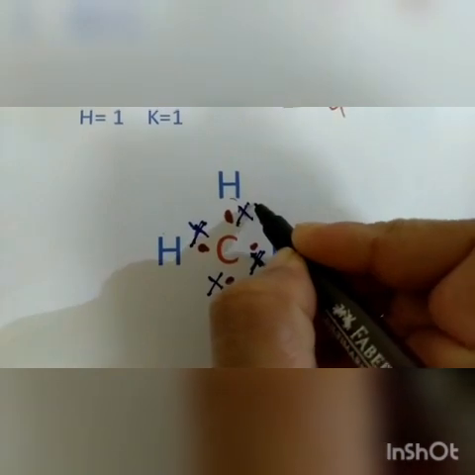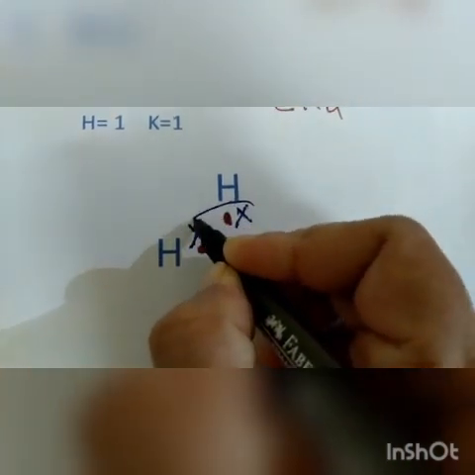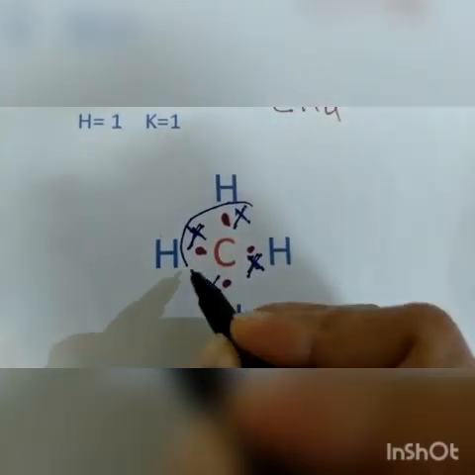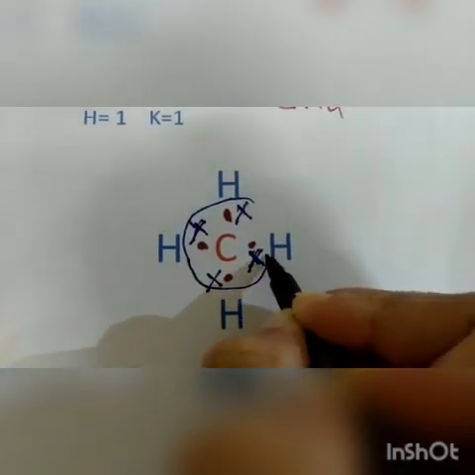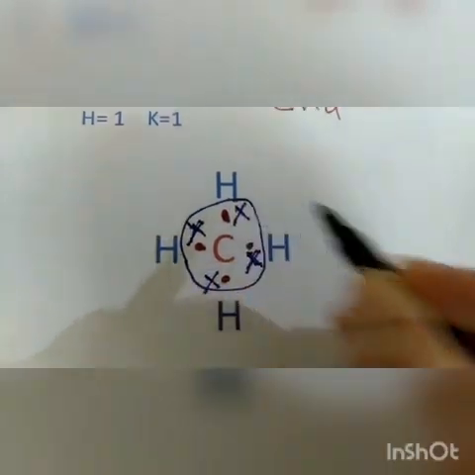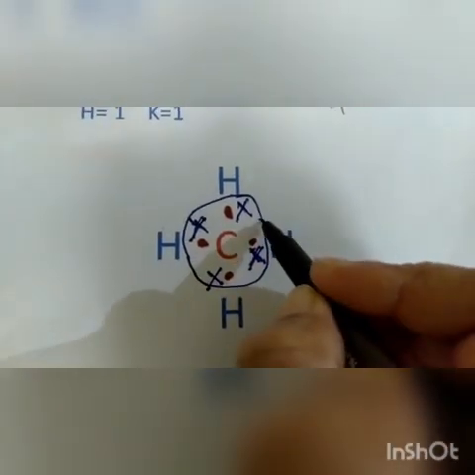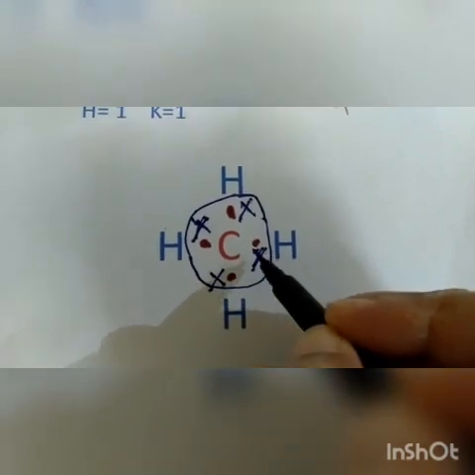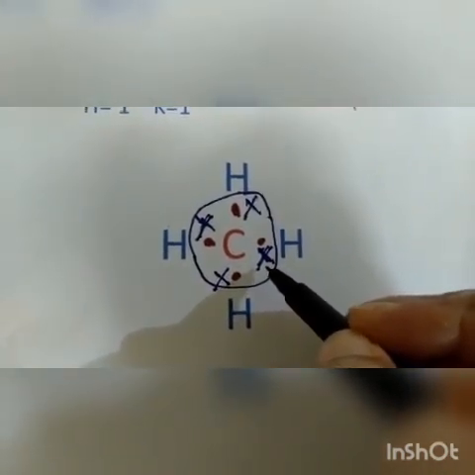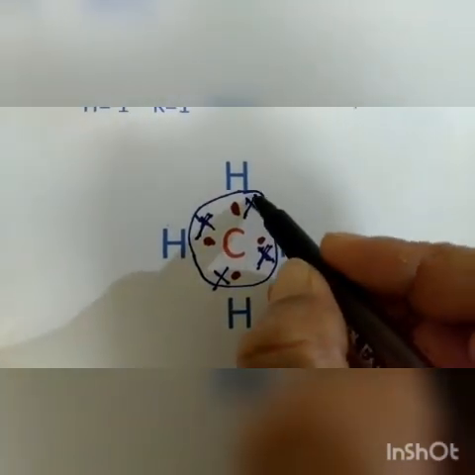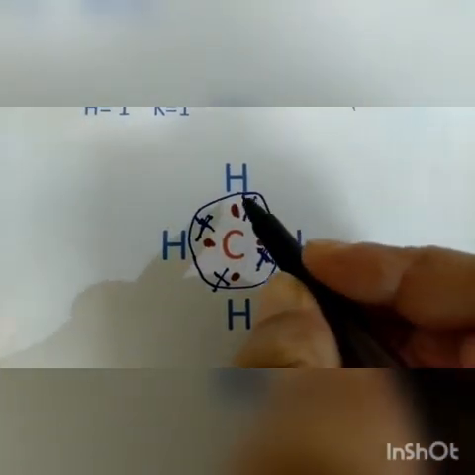So what will we get? This carbon is having 1, 2, 3, 4, 5, 6, 7, 8 electrons. Now I have seen in most of the assignments, the students have not circled all the shared electrons.